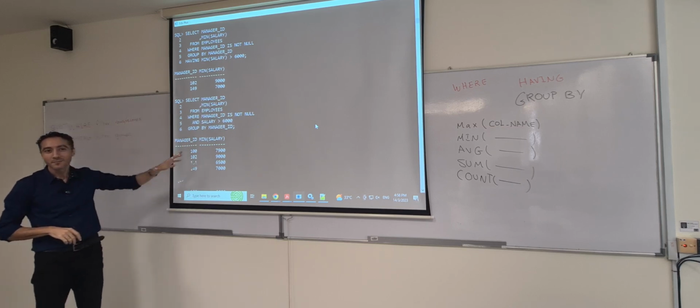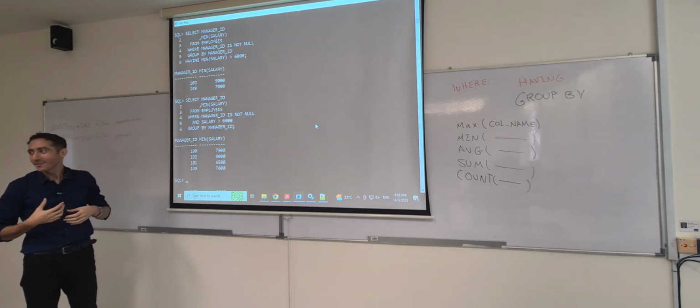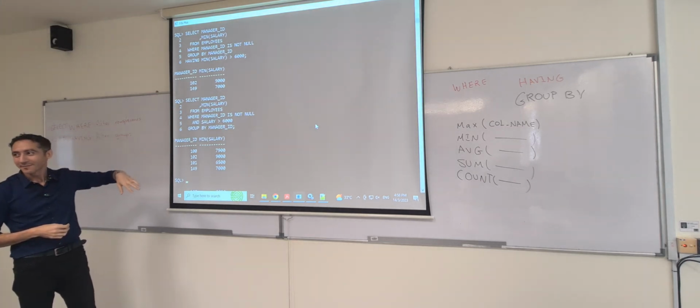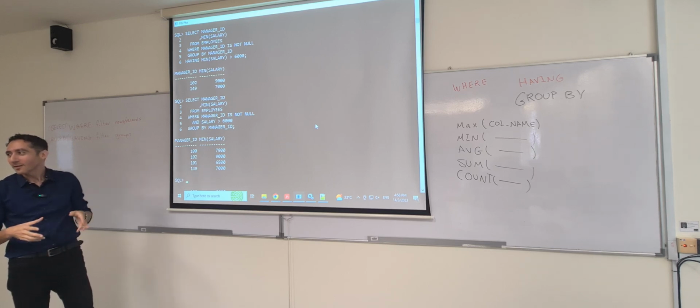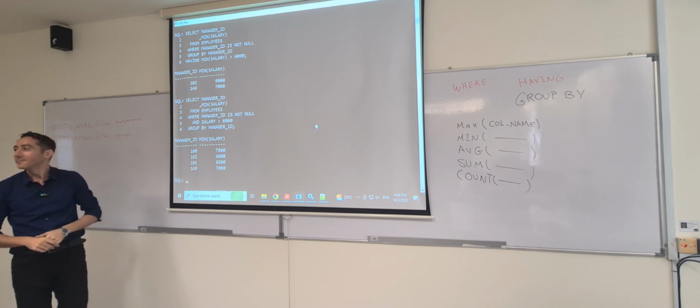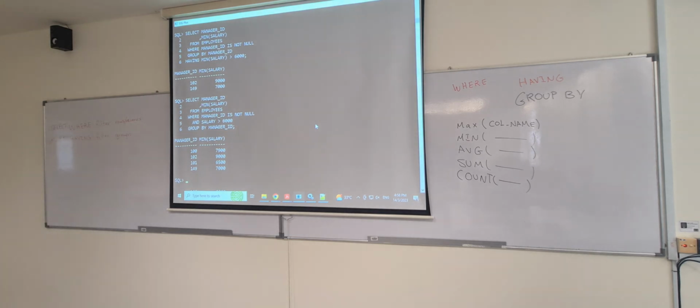Now, anyone? Before I maintain my 10 chocolates? Last try? So you don't say I'm rushing so that I don't give away 10 chocolates. So the question is the difference between the having and where.